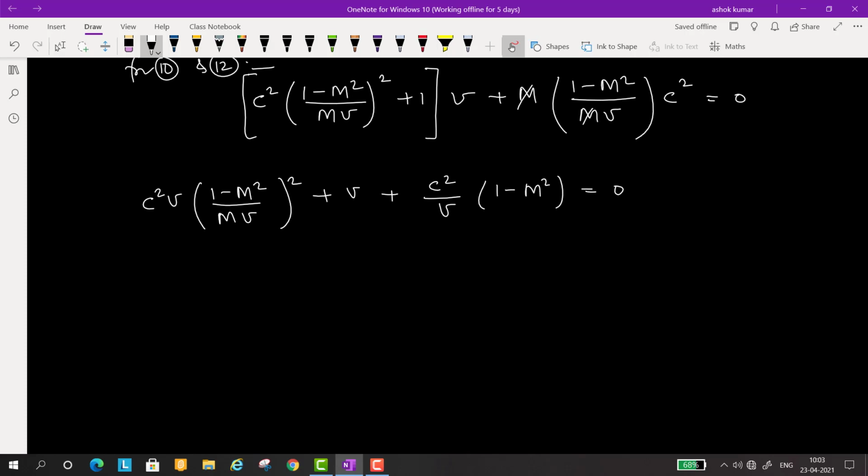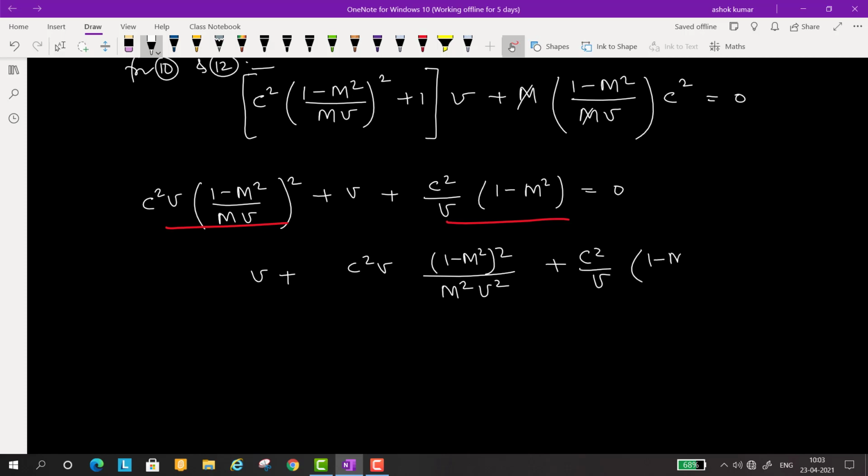So now we have to solve this. We take v as a separate term and try to find the common out of these two. So this term will be c square v, 1 minus m square upon m square v square, c square by v, 1 minus m square, it is equal to 0. This one v cancels out. C square by v, 1 minus m square, this is common.